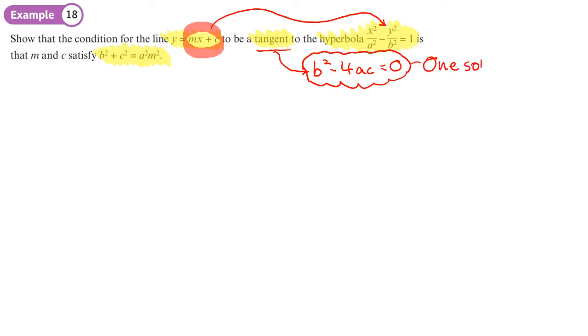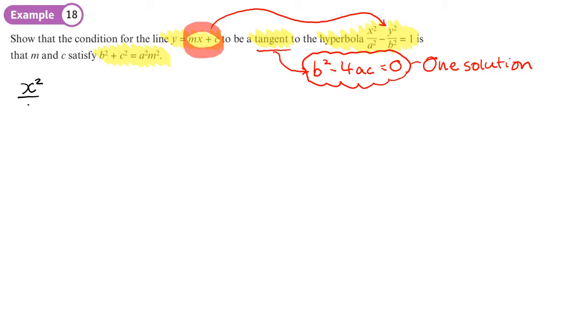And one solution means a tangent. If it said chord, then we'd say that it has two solutions, and it'd be b squared minus 4ac is greater than 0. But since it's a tangent, that's what we want.